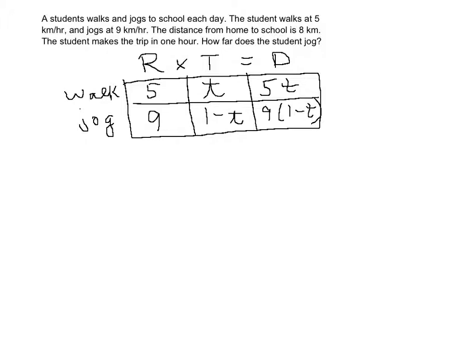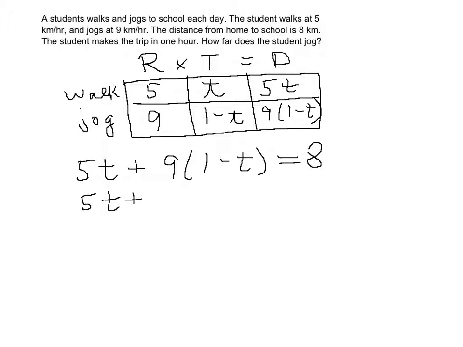And where's my equation going to come from? Well, remember, the total distance is 8 kilometers. So the walking piece and the jogging piece have to add up to 8. So there's my equation. 5t plus 9 times 1 minus t has to equal 8. 5t plus 9 minus 9t is equal to 8.